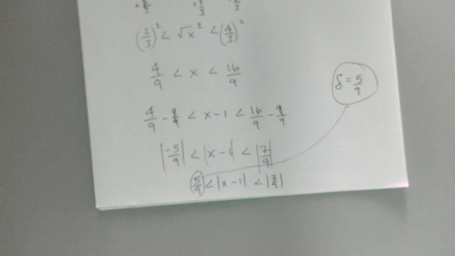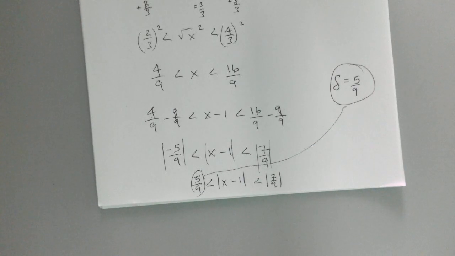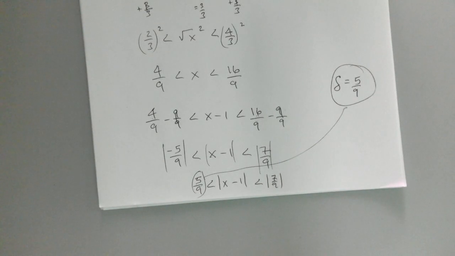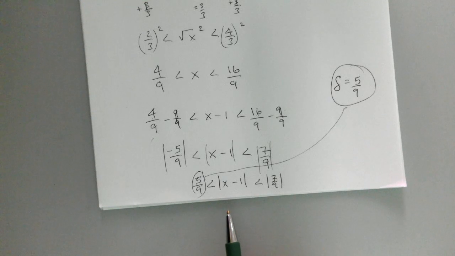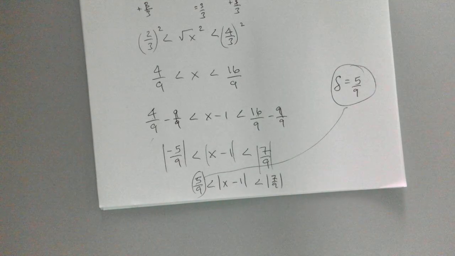So if the question didn't give you the graph, you really wouldn't need that. You could do it with epsilon delta. There's the 4 over 9 and the 16 over 9. Then we subtracted 1.